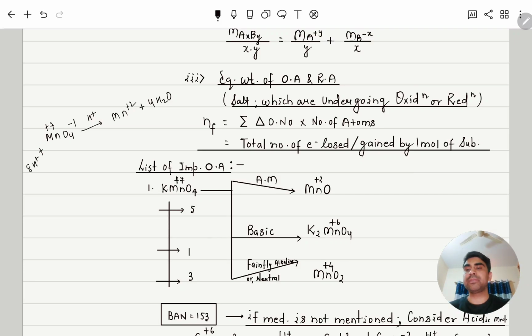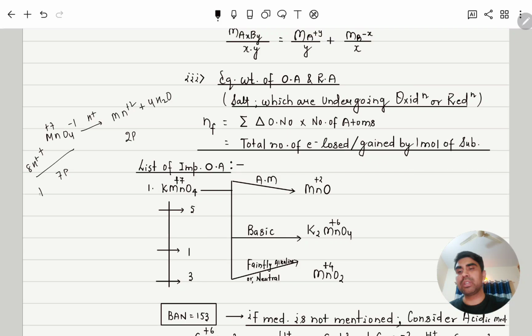Now you can see the total: 8 H+ means 8 protons, and here 1 electron, so overall 7 charges on the left-hand side. On the right-hand side only 2 is there.